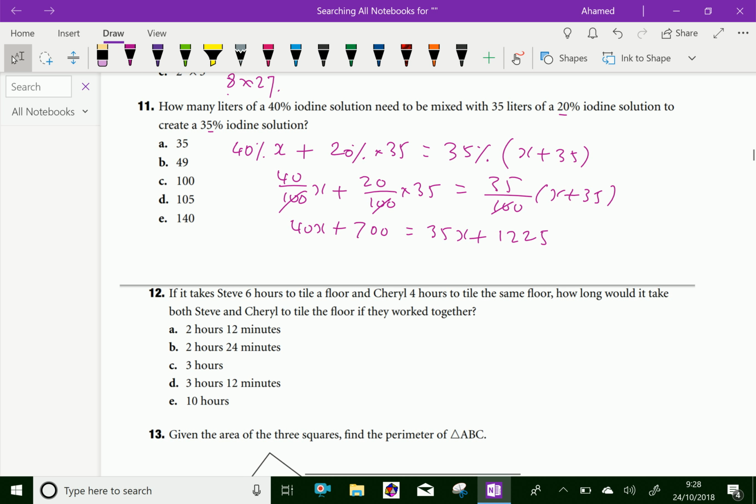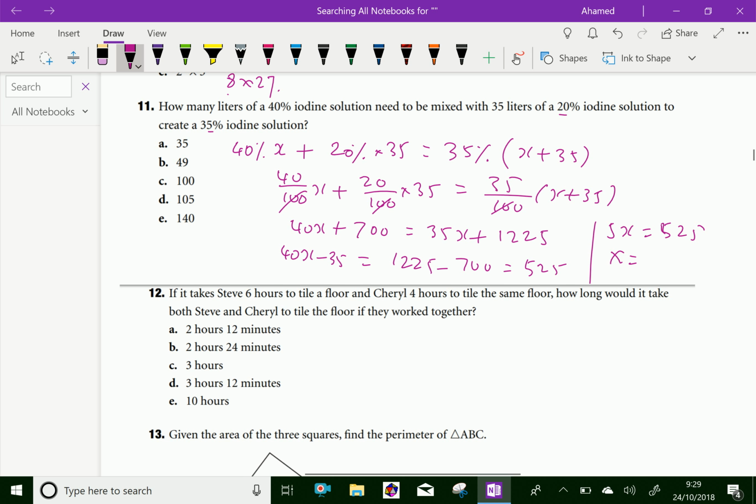Now solving, 40x minus 35x gives 5x equal to 1225 minus 700, which is 525.